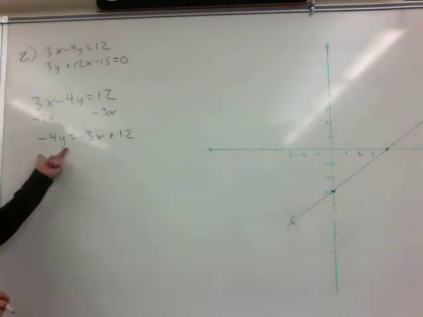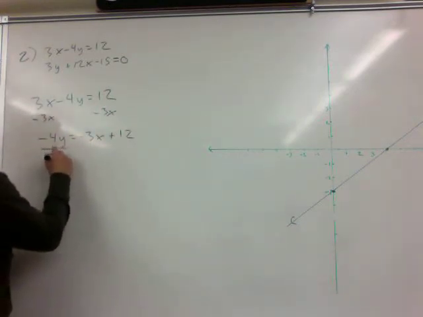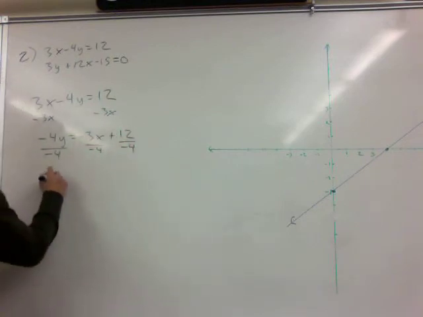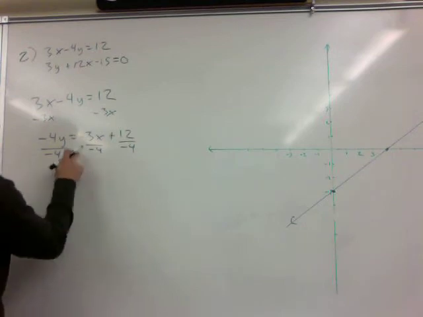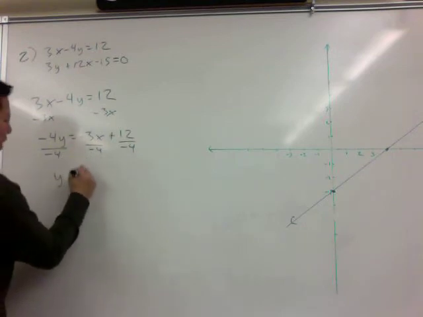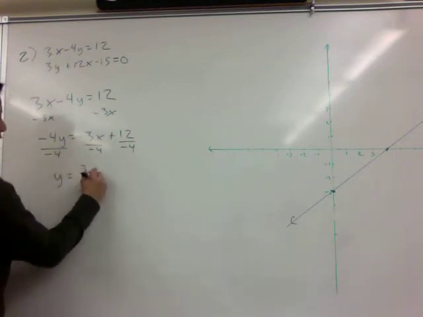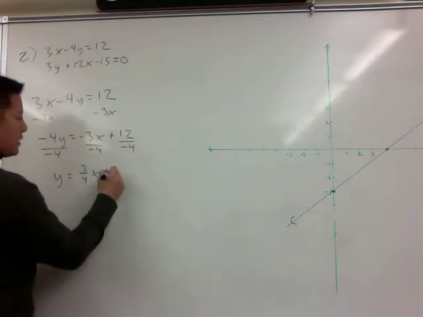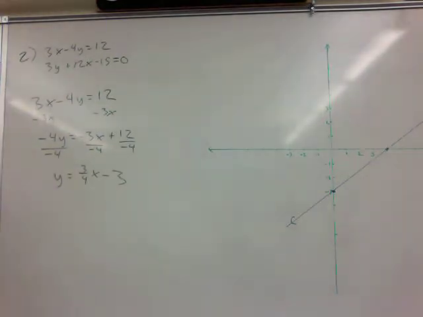I want to get y by itself, so I'll divide every term by negative 4. And that leaves me with y equals, negative divided by negative is a positive, 3/4 x minus, 12 divided by negative 4 is negative 3.